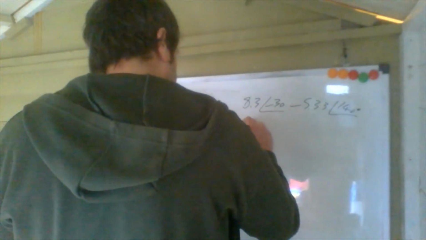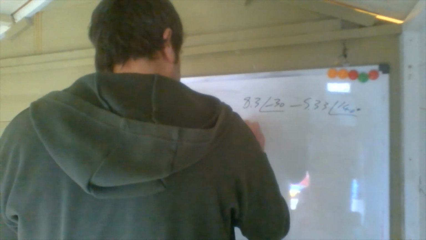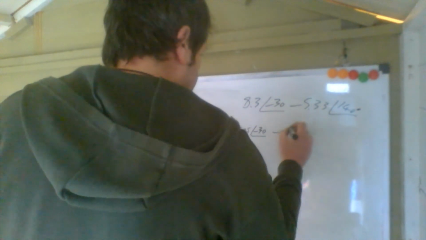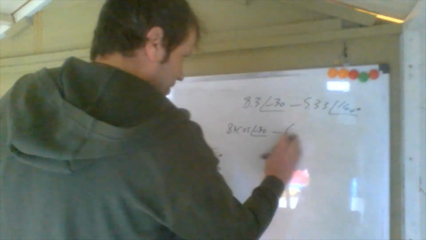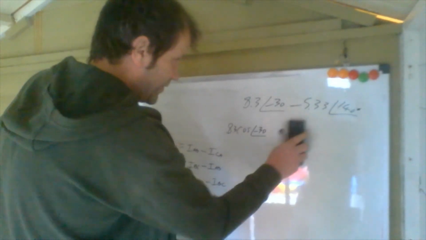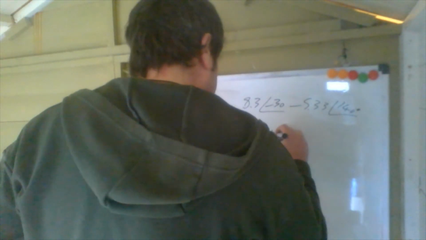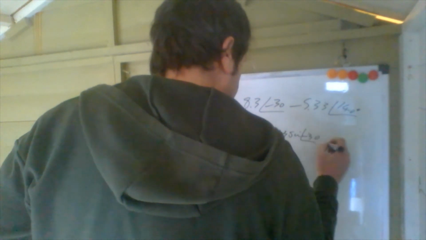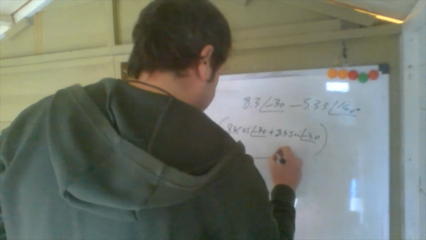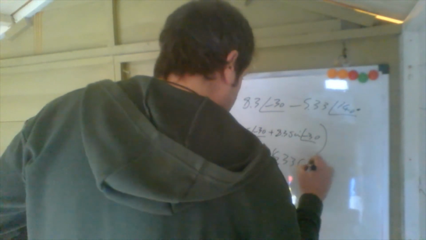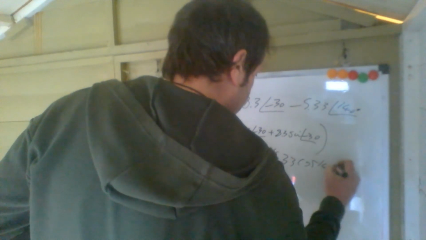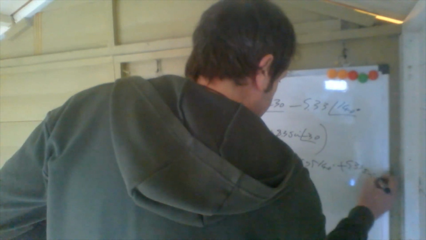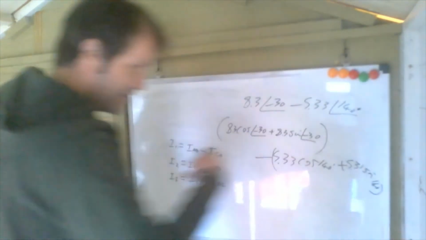So that would be 8.3 cos minus 30, plus 8.3 sine minus 30, minus the 5.33 cos 140, plus 5.33 sine 140. Sorry about that.